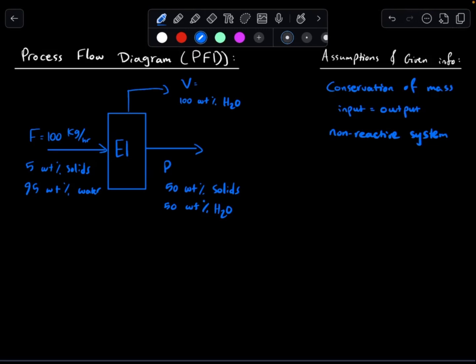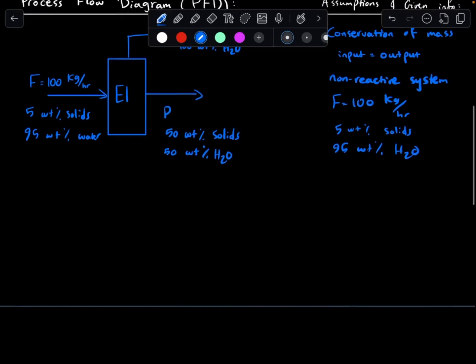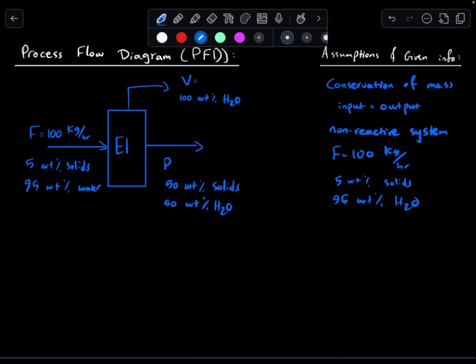We have a flow rate, which is 100 kilograms per hour. We know what we have in terms of percentages in the flow rate: 5 weight% solids, 95 weight% water. We don't know our product flow rates or our vapor flow rate, but we know how much they consist of.